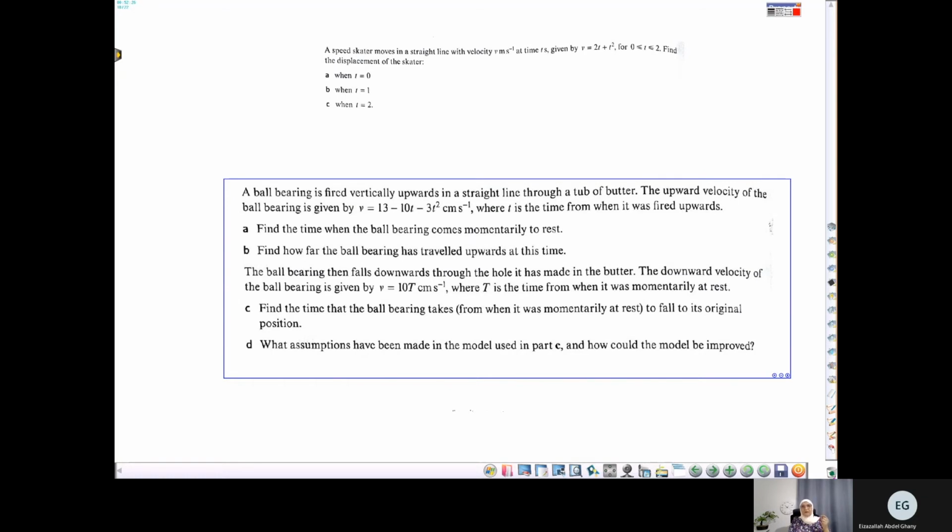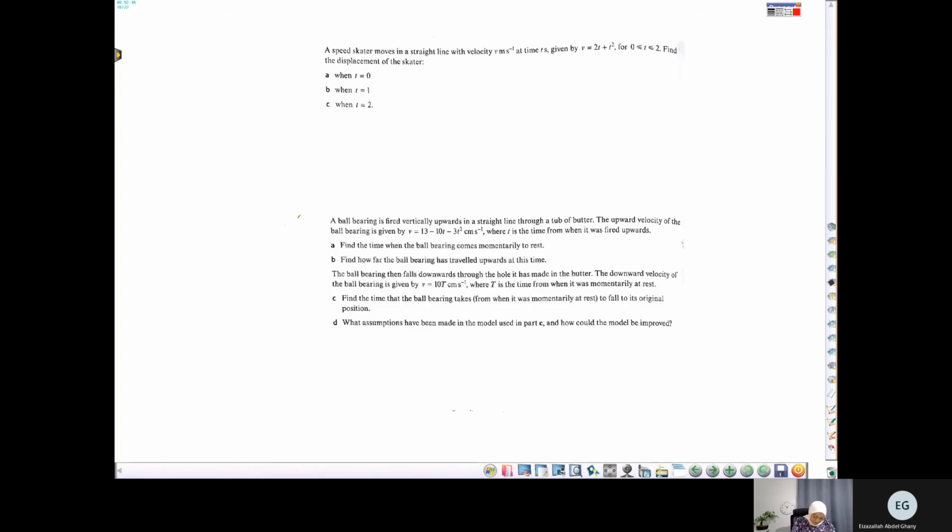Comes to rest, it means velocity equals 0. So simply we will substitute velocity with 0, and we will solve a quadratic equation, then factorization. So part A, and we have to translate every word. At rest means velocity equals 0. And here the title is already velocity.